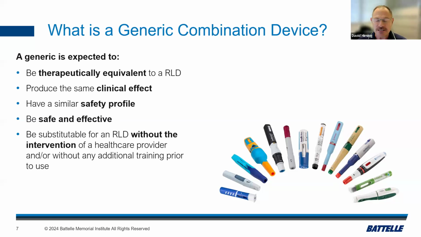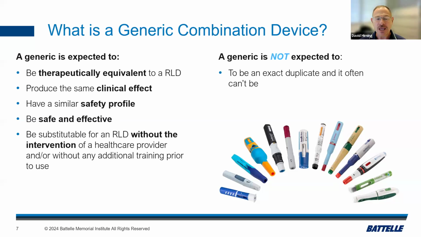The one thing to really remember is it must be substitutable for an RLD without the intervention of a healthcare provider and or without any additional training prior to use. A generic is not expected to be an exact duplicate, and it often cannot be for various reasons.